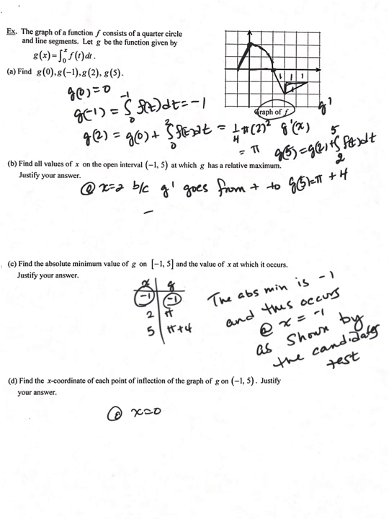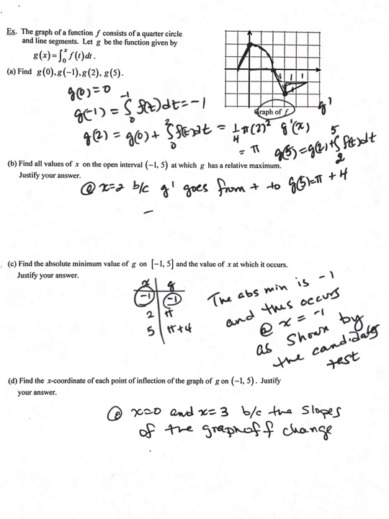The slopes are still negative, negative, negative. Then here at 1, 2, 3, at 3, the slopes also change. The slopes of the slope go from negative to positive. So you would say at x equals 0 and x equals 3, because the slopes of the graph of f change sign.